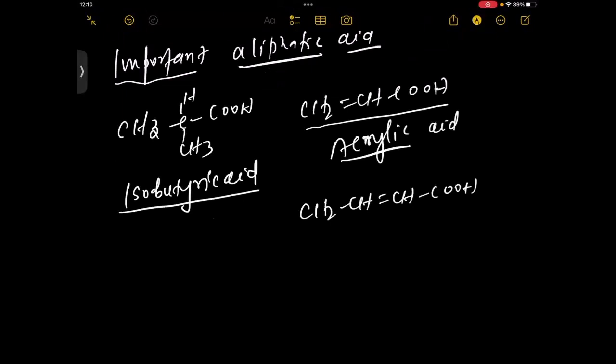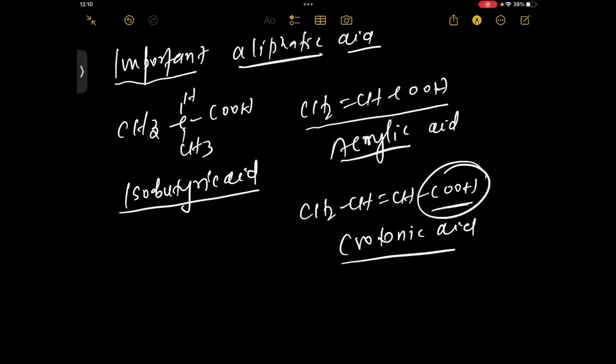That is crotonic acid. If you have a CHO group, that is crotonaldehyde, right? So whatever group we attach here, that is the croto: second position double bond, including the functional group.